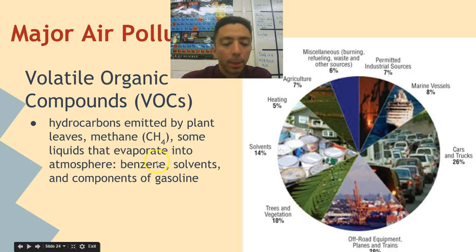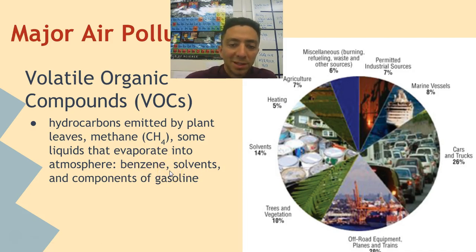Benzene is another big one. This is a very common organic solvent and a component of gasoline. This is a very wide range, so there's no real 'VOC is this or VOC is that.' It's a very broad category. As you can see, they come from a lot of different places, and they have a wide range of side effects.